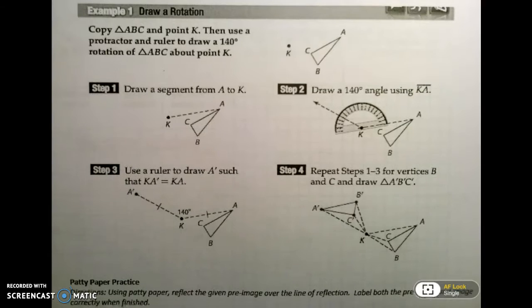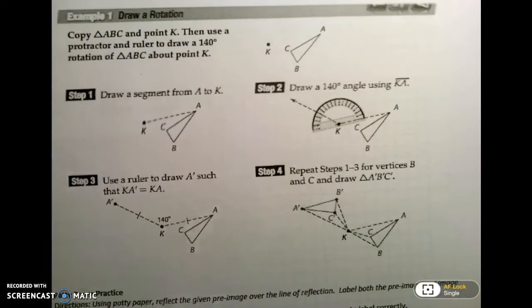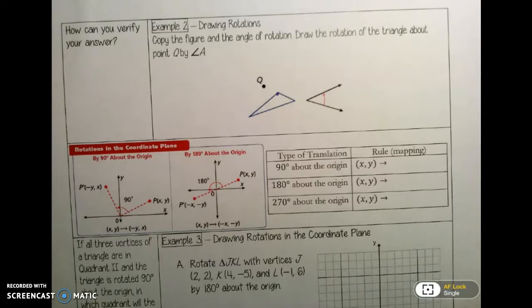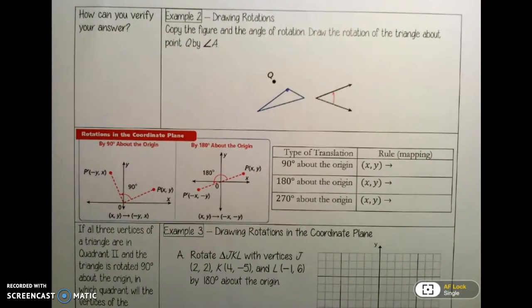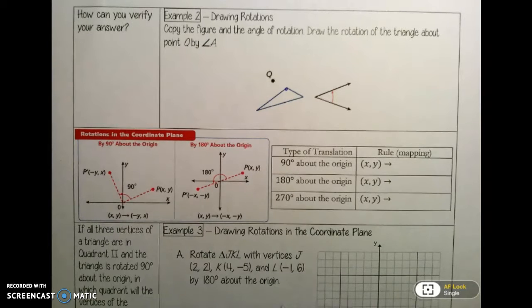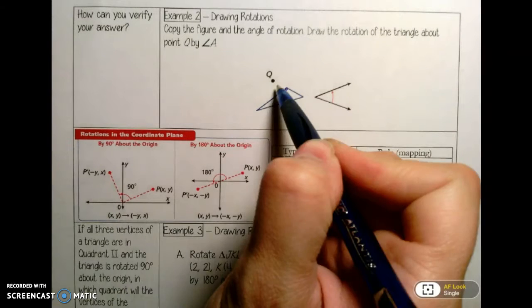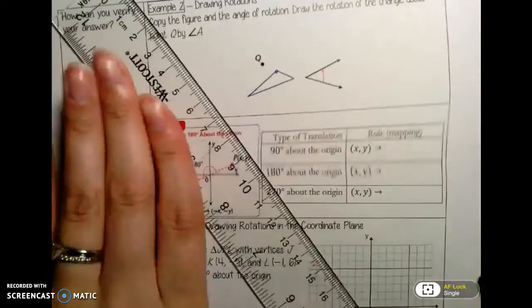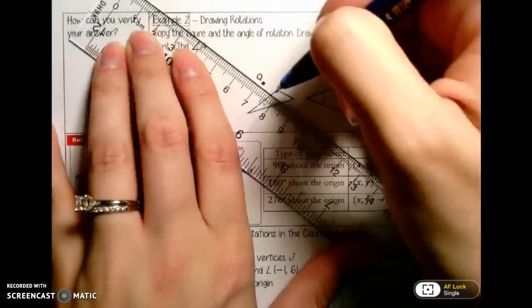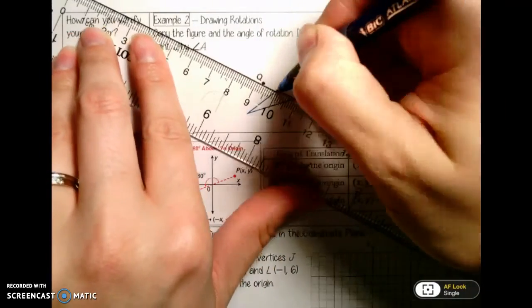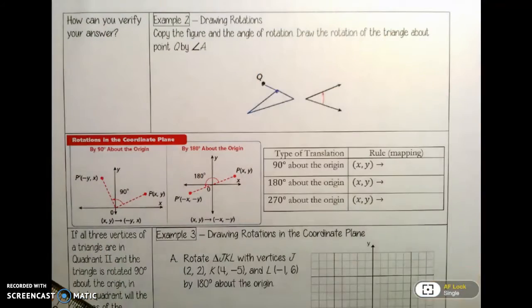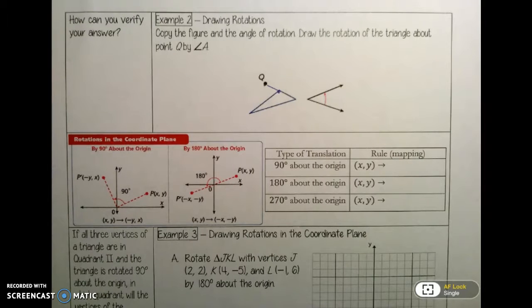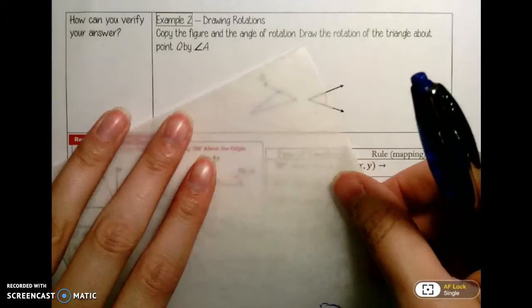Okay, so this one I do not have a protractor with me, unfortunately, so I can't really do it, and you may not have a protractor with you either. But our first step would be to use a ruler, which I do have, and draw our point here, and that's going to be our center of rotation. And I'm just going to go ahead and use patty paper since I don't have my protractor.